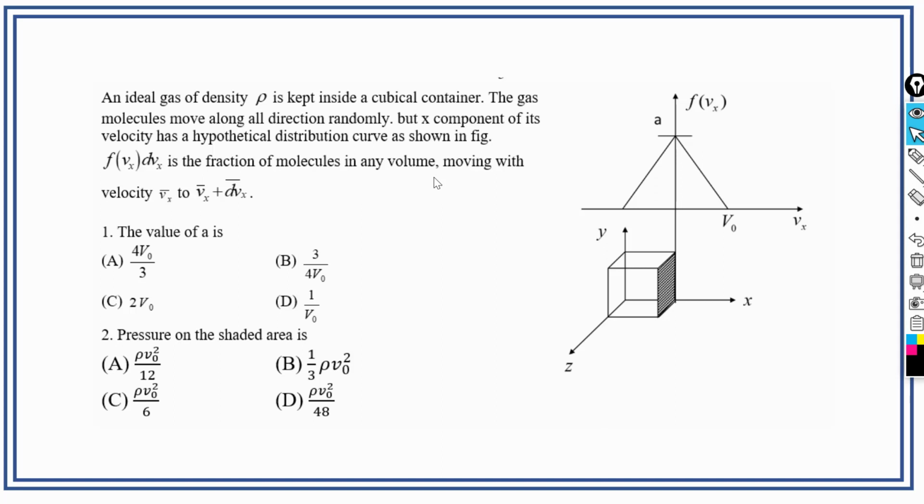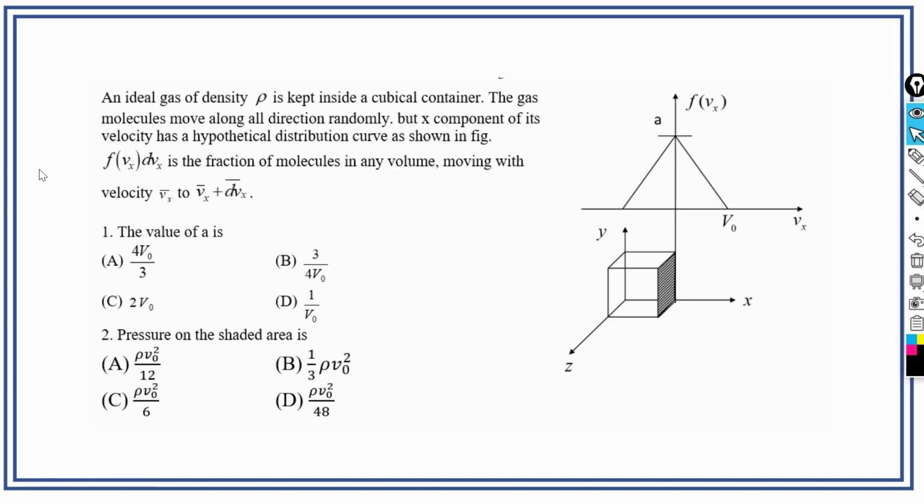What is important is not to remember the equation of the velocity or speed distribution graph of Maxwell-Boltzmann, but you need to understand thoroughly how this graph helps us to determine different velocities, and also how the speed distribution graph helps us to find the pressure at any particular surface of a container. So this question is in sync with that particular concept.